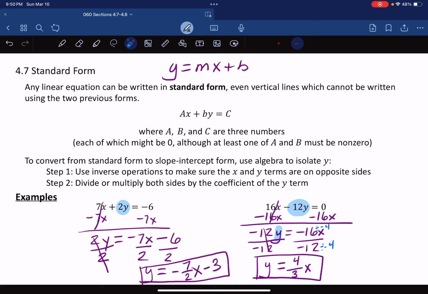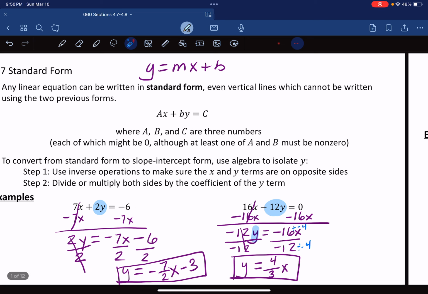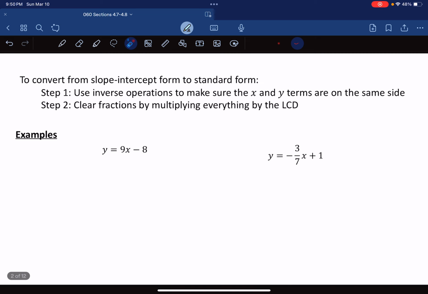But what if I need to go the other way around? Well, let's look at that. I'm going to write my standard form up here just to remind myself of what that looks like, noticing that x and y are on the same side this time. If it's in slope-intercept form, they're on opposite sides.